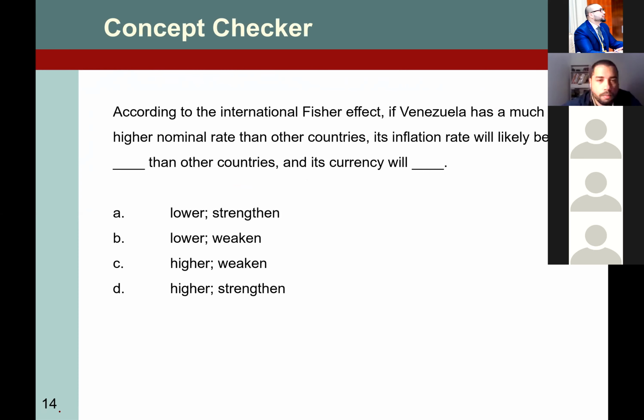Well done, guys. Now answer this question. According to the International Fisher Effect, if Venezuela has a much higher nominal rate than other countries, its inflation rate will likely be dash than other countries and its currency will.